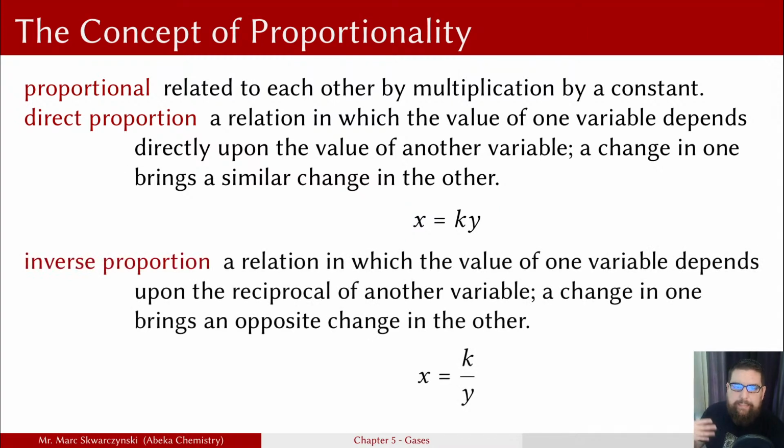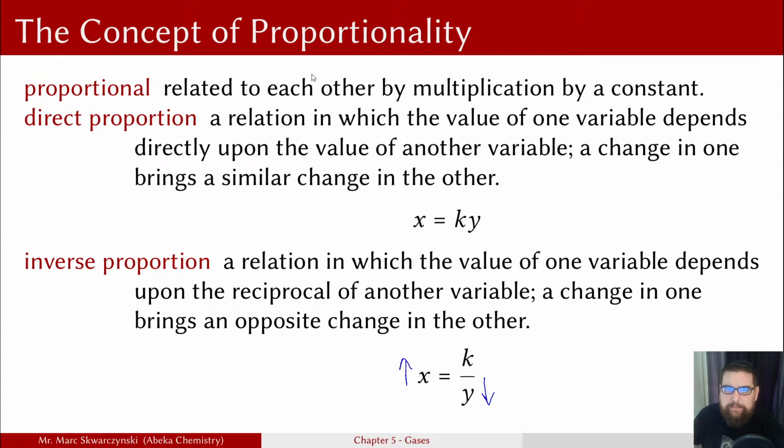Then there is an inverse proportion, also known as indirect proportion. I may use the terms interchangeably. I may also say reciprocal at some point. All the same thing. This is a relation in which the value of one variable depends upon the reciprocal of another variable. A change in one brings an opposite change in the other. In other words, as x increases, because we're dividing by y, then y will decrease.